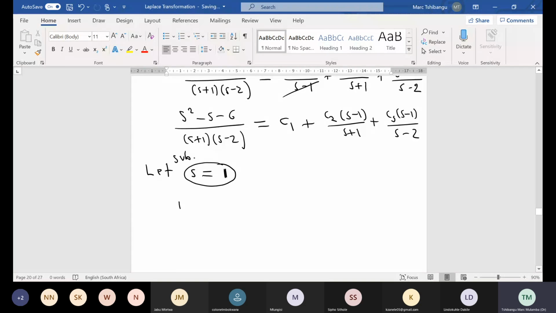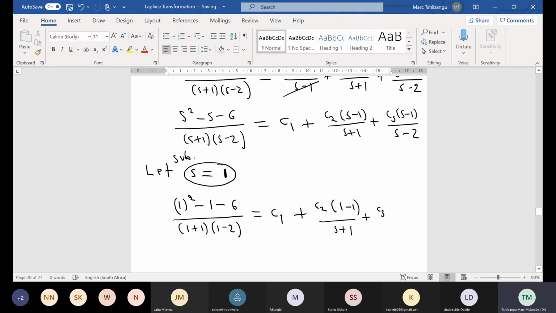We're going to have (1 squared minus 1 minus 6) over (1 plus 1)(1 minus 2) equal to c1 plus c2 (1 minus 1) over (s plus 1) plus c3 (1 minus 1) over (s minus 2).